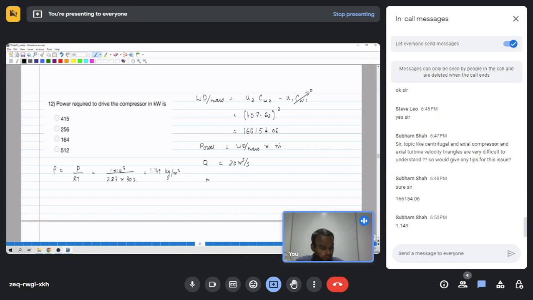So to get the mass flow rate, we multiply density by Q. So we have 1.149 into 20. So what is the mass flow rate?